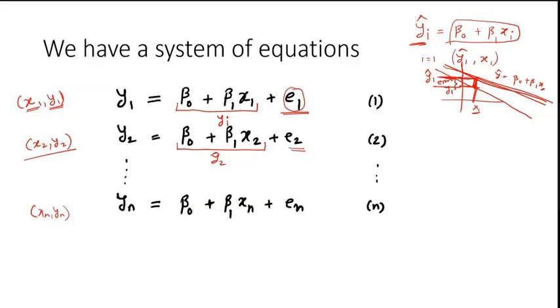So e1 to en are the corresponding errors for the predictions. What are beta 0 and beta 1? I am just repeating, they are the parameters of the line. The predicted value y is equal to beta 0 plus beta 1 xi. Now the target is to obtain beta 0 and beta 1 such that error is minimum. So that we have to achieve.